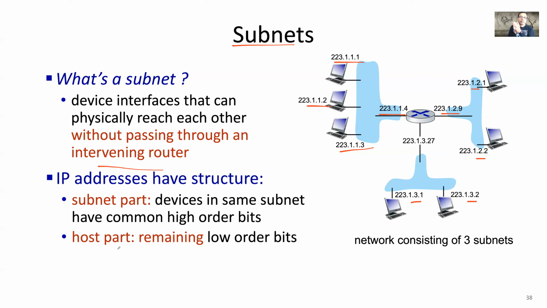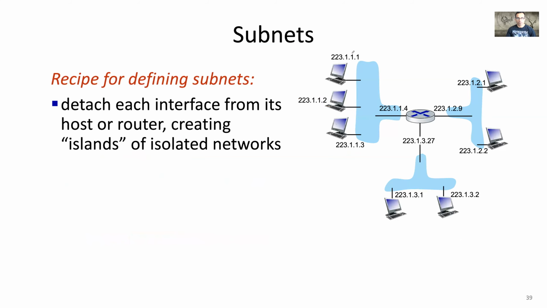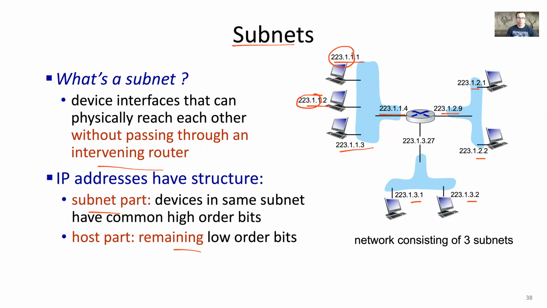A certain number of the leading bits, or higher order bits, are common, and that's referred to as the network part or the subnet part, and the remaining lower order bits are referred to as the host part. So effectively, you're going from left to right. The left certain number of bits, in this example the first 24 bits, are referred to as the subnet part.